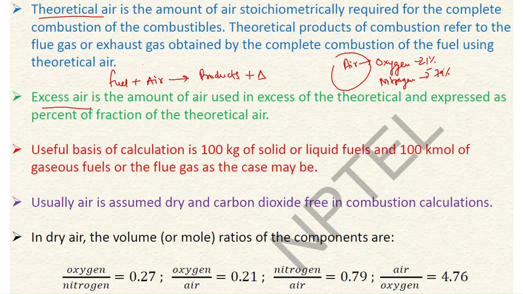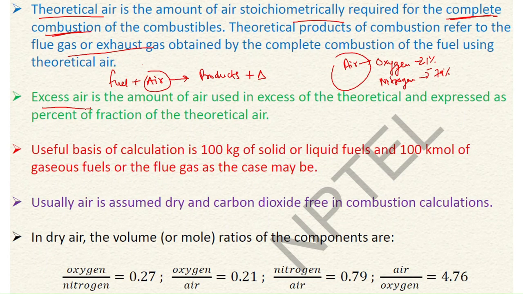Then according to the stoichiometry of this reaction, if we take air, that is the theoretical air. It's the amount of air stoichiometrically required for the complete combustion of the combustibles. Theoretical products of combustion refers to the flue gas or exhaust gas obtained by the complete combustion of the fuels using theoretical air.